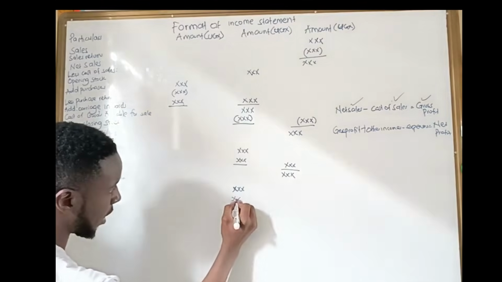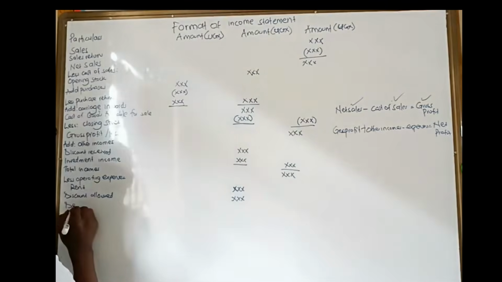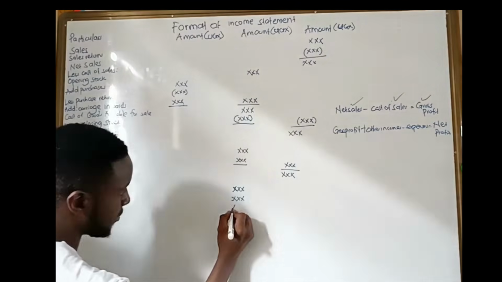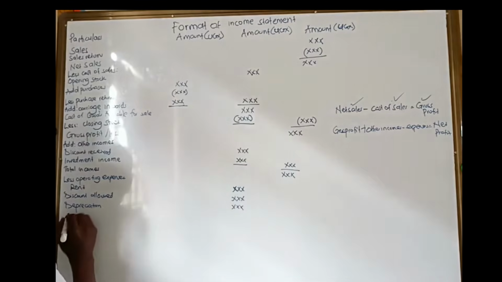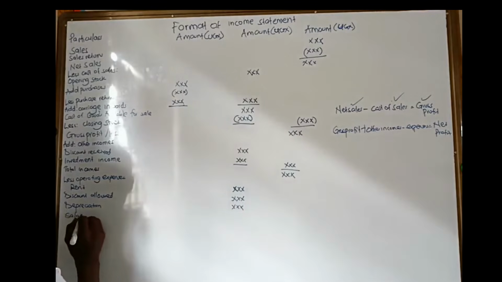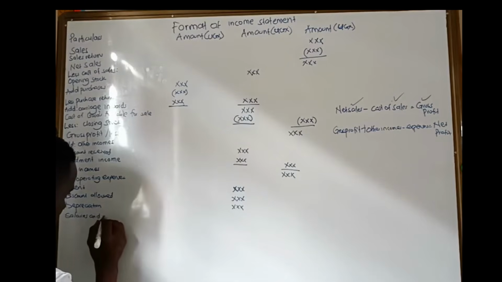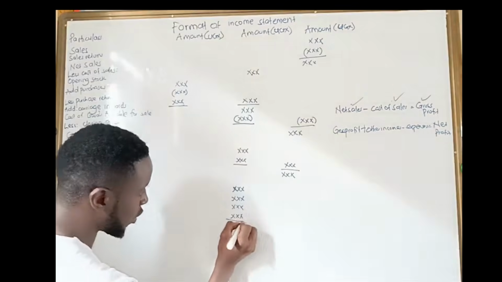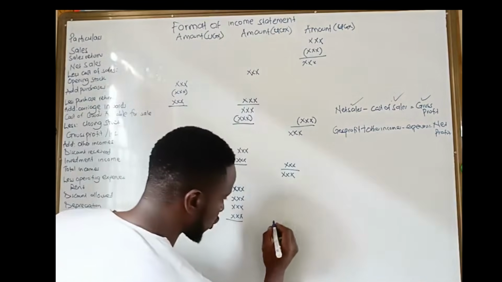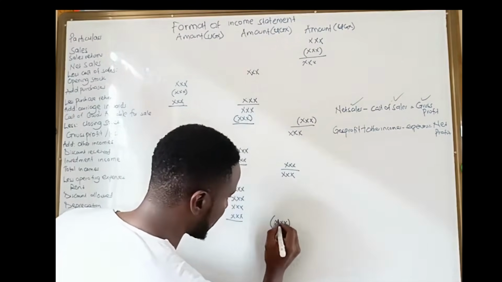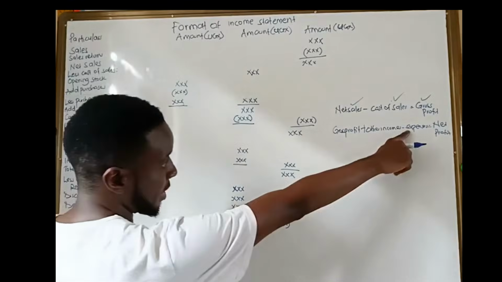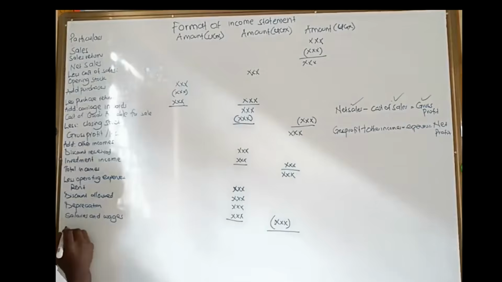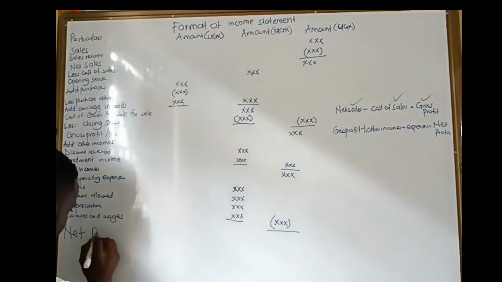We bring it here. We can have depreciation. We put it here. We can have salaries and wages. We put it here, and so on and so forth. So we take our total of all expenses and subtract it. When we subtract this, we shall get the net profit.